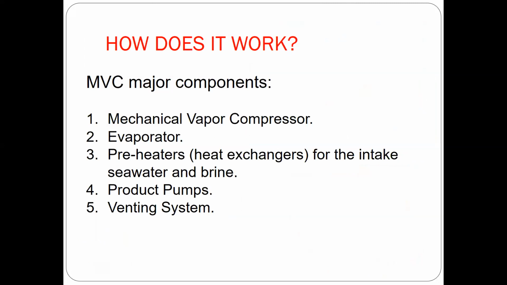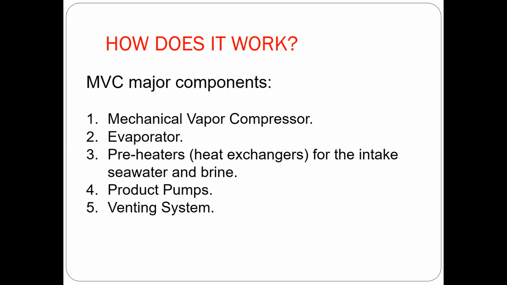Why the heat exchangers? Again, because we need the seawater which is brought from the sea to be preheated. So two heat exchangers: one of them uses the rejected brine, which is basically hot, to preheat the seawater. The other makes use of the distillate, the sweet water that we are producing, which is also hot, to preheat the seawater.